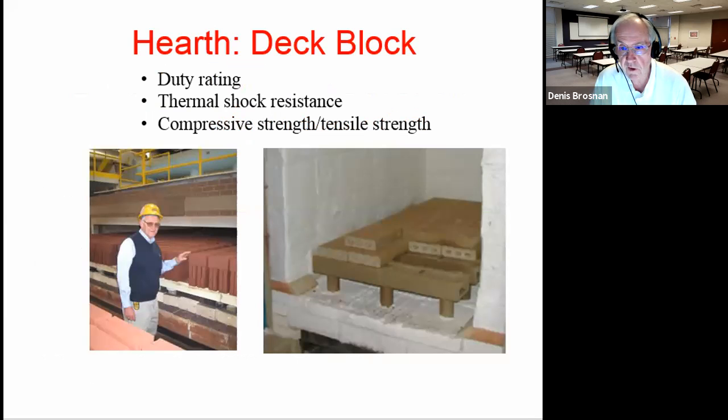Okay, well, hearth deck blocks. Here's my friend standing in front of the hearth of a tunnel kiln where there's a fairly low setting here. This kiln was making paving brick. Here's the hearth of my laboratory furnace, and you can see it's fiber on the bottom, so there are posts sticking up and holding these deck tile on top with posts and beams, and then the deck tile spanning the distance across between the beams.